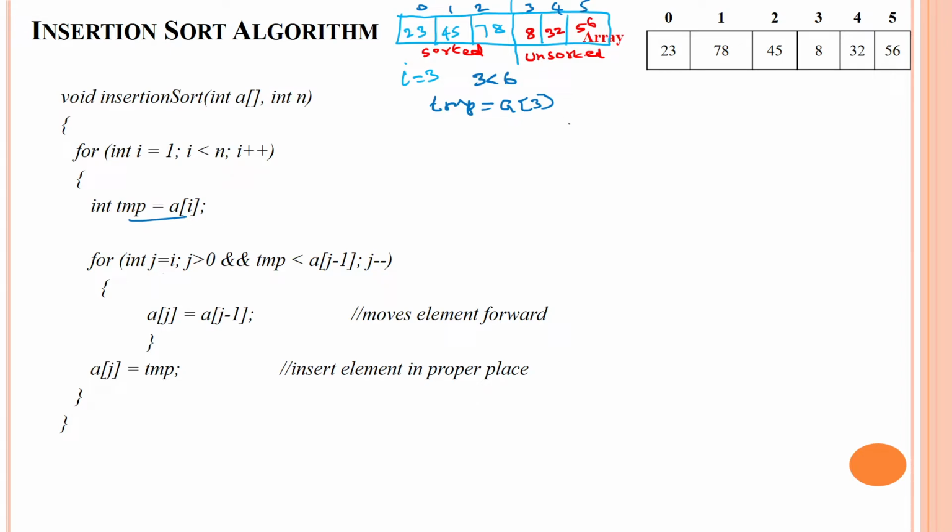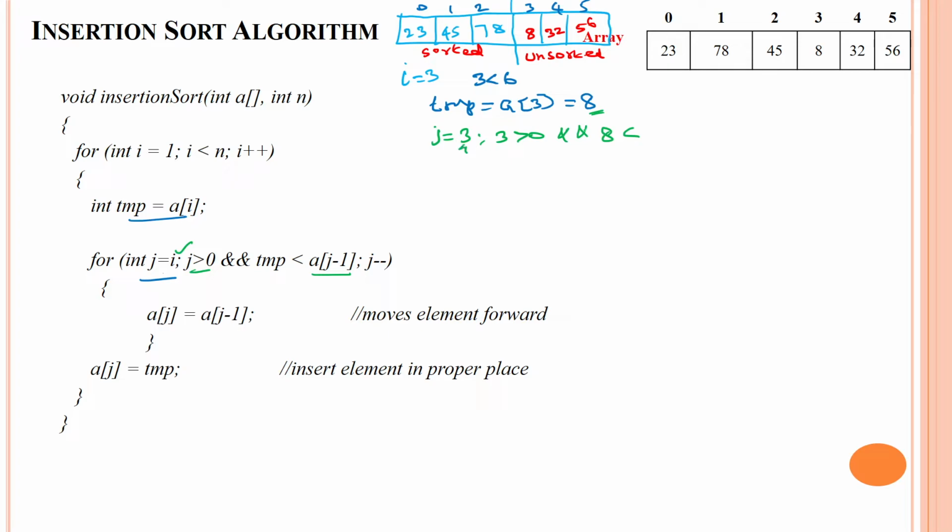So a of 3 is 8, so temporary is now 8. Then we will get into the jth loop. In the jth loop, j equals i, so i value is 3 now. Then j greater than 0, so 3 greater than 0, true. Then temporary is 8, 8 less than a of j minus 1.